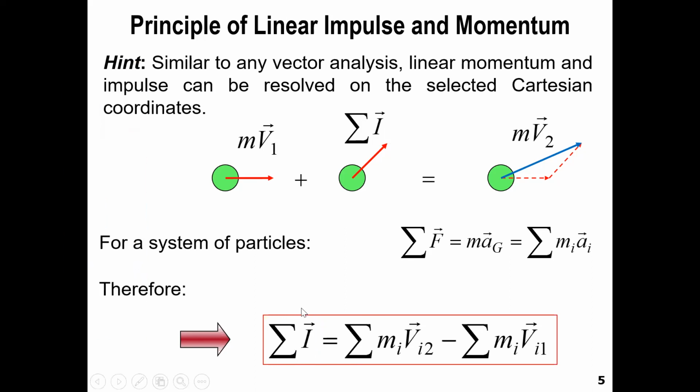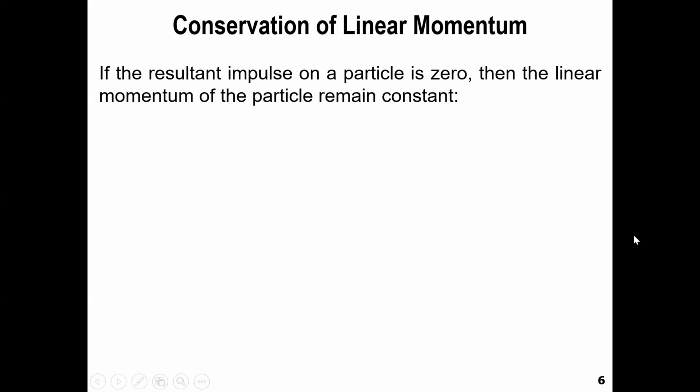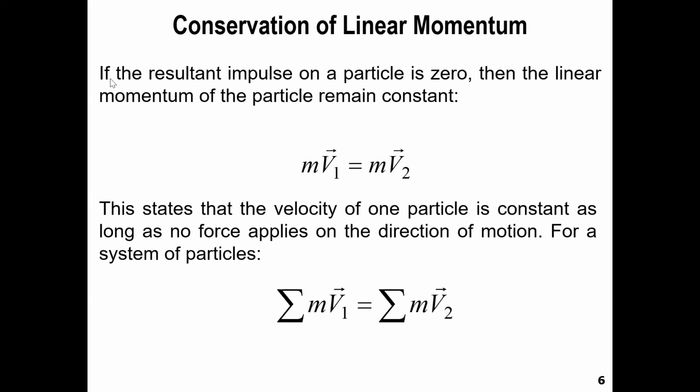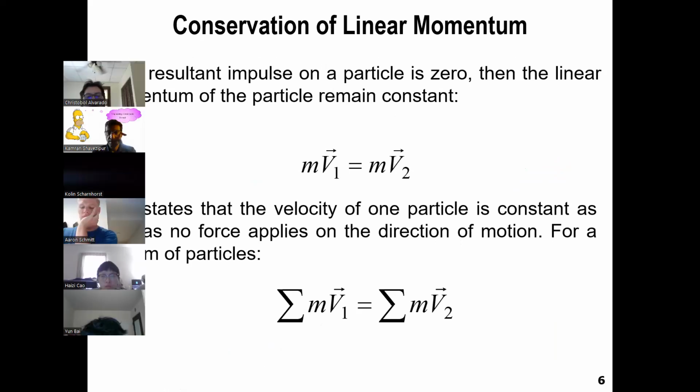If the left side of the equation is 0, which means linear momenta before and after will be the same, right? And that is what we call conservation of linear impulse and momentum. For a single particle, you have m1v1 equals m2v2. For a system of particles, the summation of mv1 is the summation of mv2, before and after. Does that make sense?